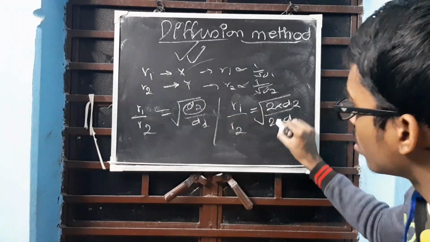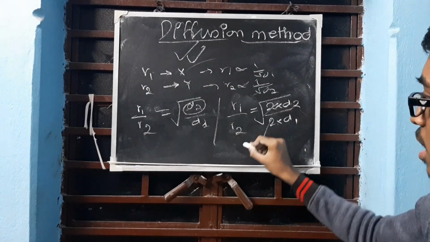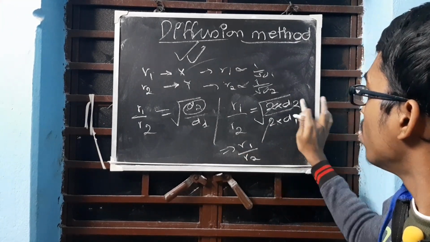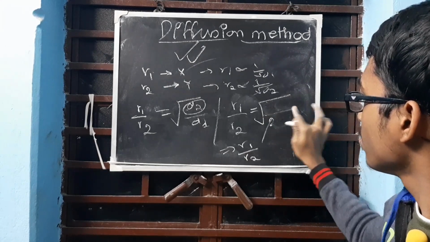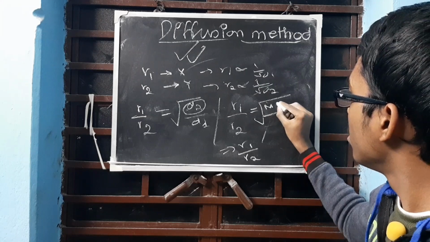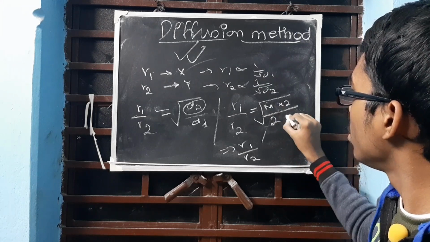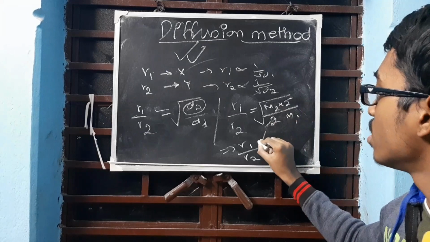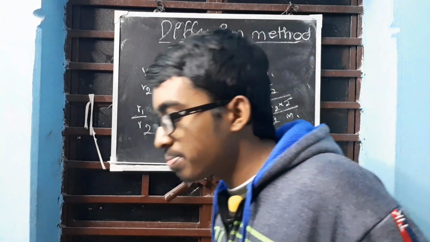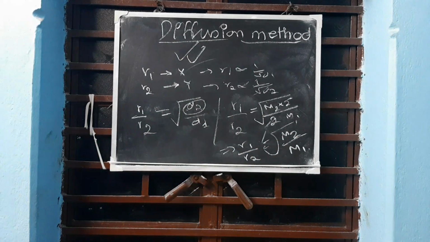I am multiplying 2 on both, I can do that, no problem, 2 will get cancelled out. So what remains? R1 by R2. Sorry, it will be M2 into 2 divided by M1 into 2, 2 cancel, so it will be equal to root over of M2 by M1. Clear? Understood?